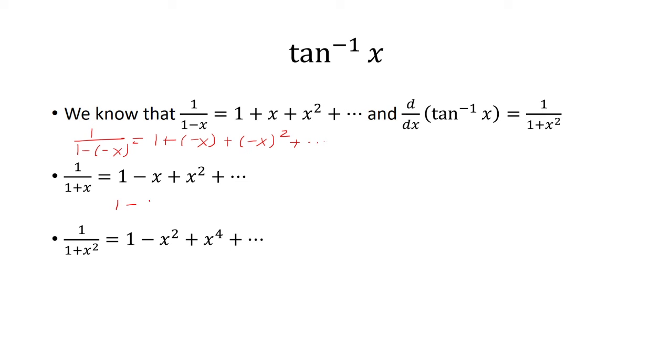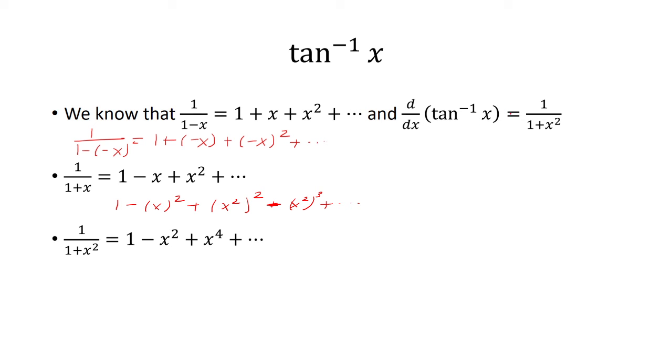So it'll be 1 minus x squared, and then the x gets replaced with x squared, and then that gets squared, and then the next term will be negative x squared cubed, etc. Okay, so that's where we get 1 minus x squared plus x to the fourth.